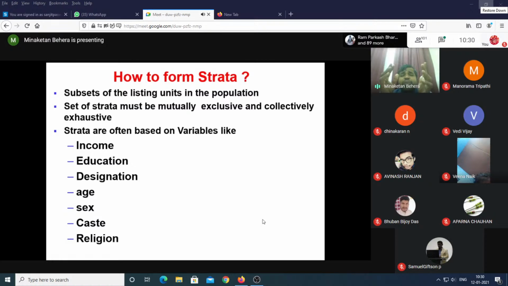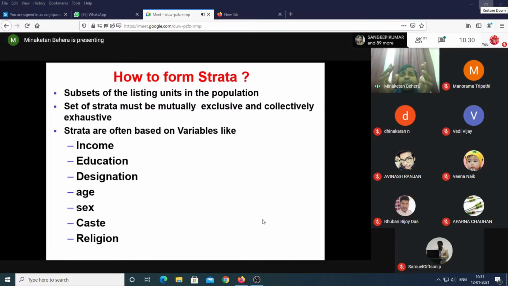How will you make it homogeneous? For example, you make one group of assistant professors, another group of associate professors, and another group of professors. Similarly, for caste, you make one group scheduled caste, another scheduled tribe, another OBC, another general. Or you can talk about male, female, and third gender.